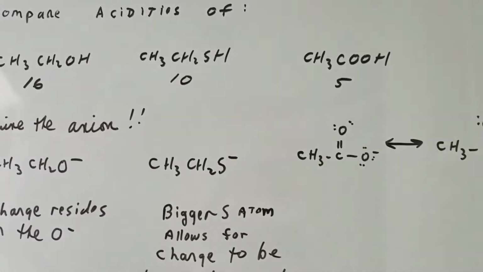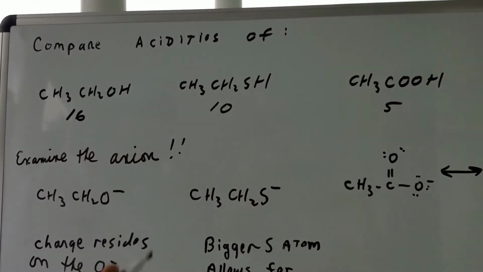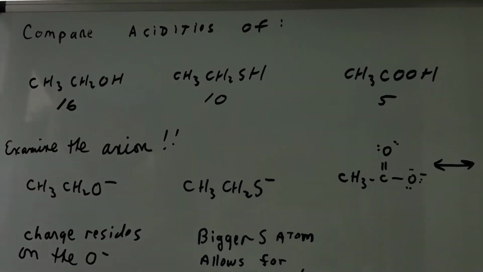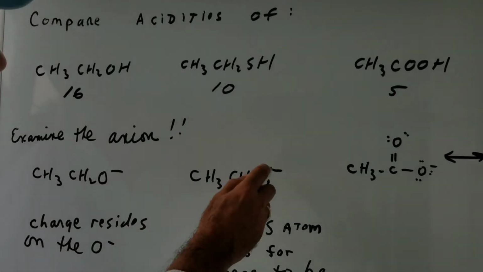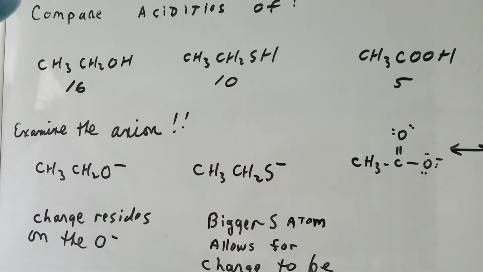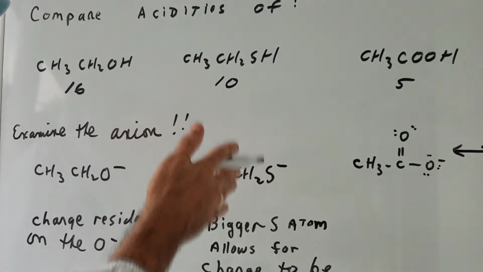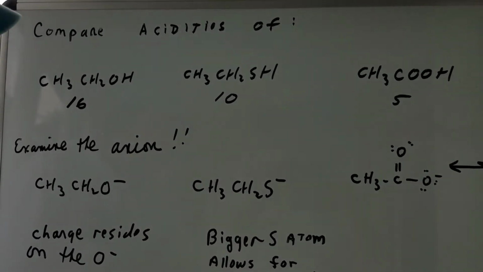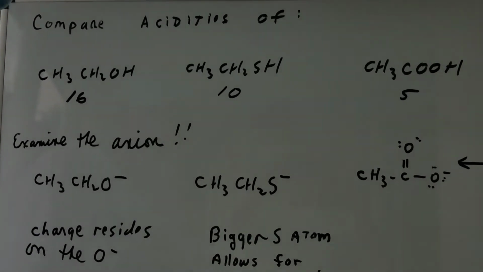How about now? Why would the ethane thiol be so much more acidic than the alcohol? If you look at the anion, you have a sulfur atom. Since sulfur is underneath oxygen on the periodic table, it's bigger. Now you might say to yourself, what does that mean, it's bigger?